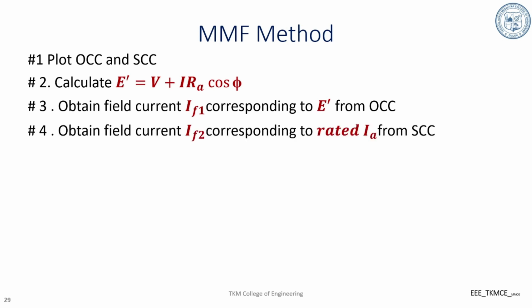That is the field current to generate E dash under open circuit condition. The fourth step is to obtain field current IF2 corresponding to rated armature current from short circuit characteristics. That is the field current required to circulate rated armature current under short circuit condition.